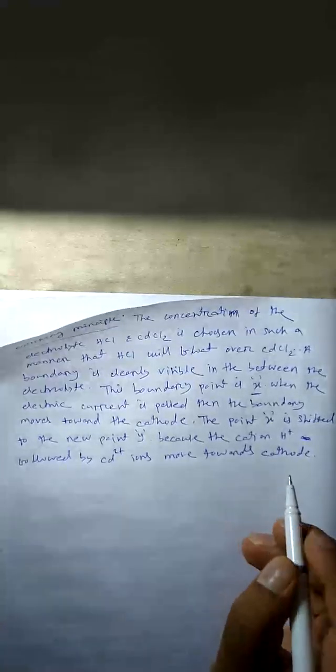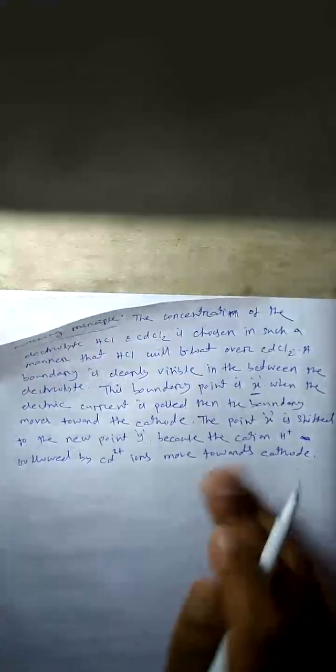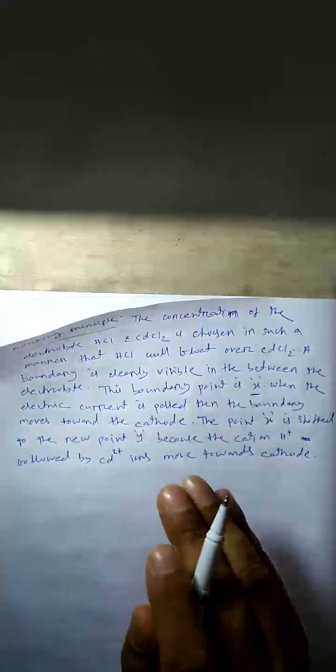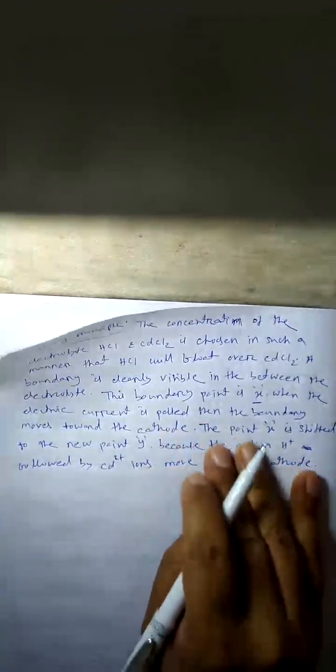That means the cation H plus moves very fast, cadmium moves very slowly. So when this cadmium 2 plus and this H plus move upward, this cadmium also moves upward. So the boundary moves upward from x to y after a certain time, towards the cathode. So this is the working principle.